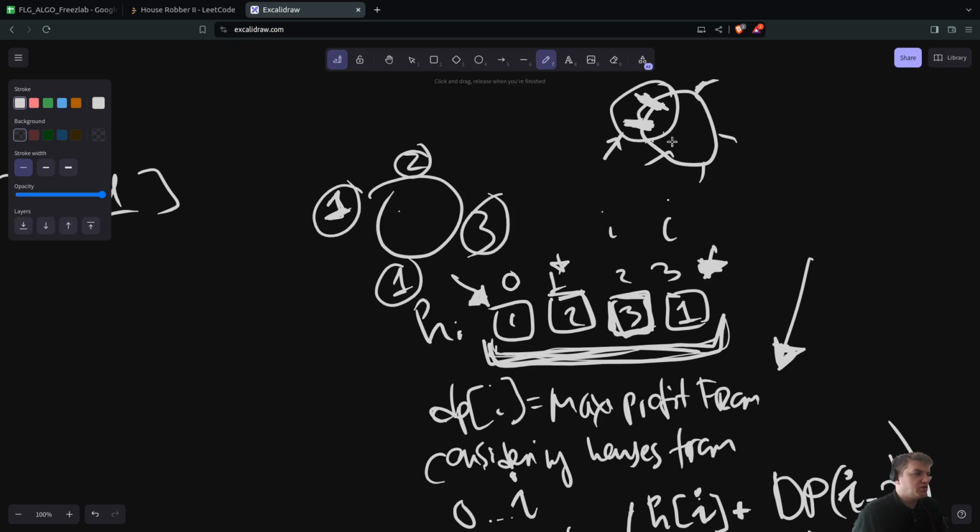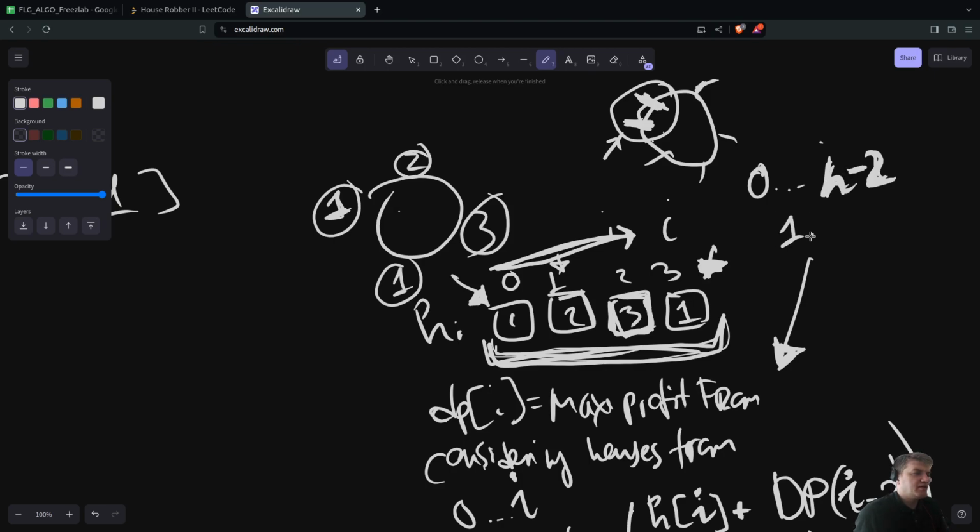So what I want to do is consider the payout from houses 0 to n minus 2, and because I explicitly skipped the house n minus 1, the last house, I need to somehow include it.